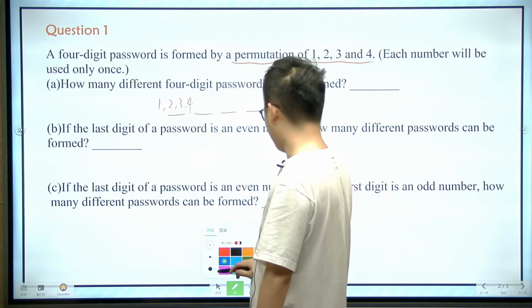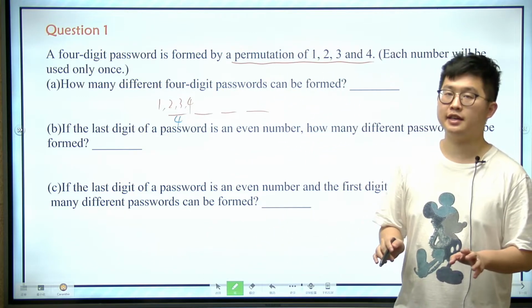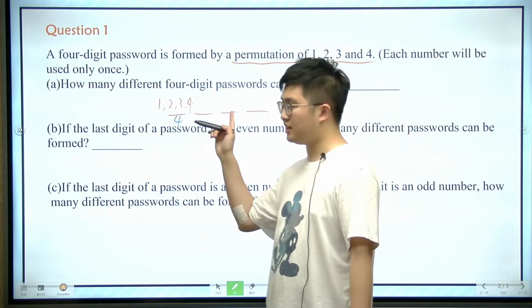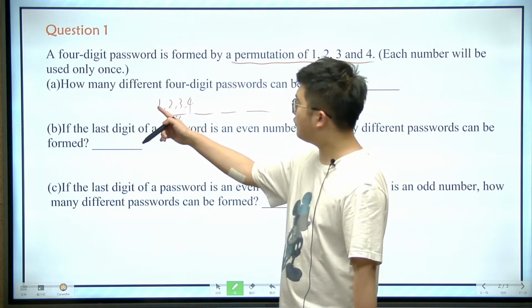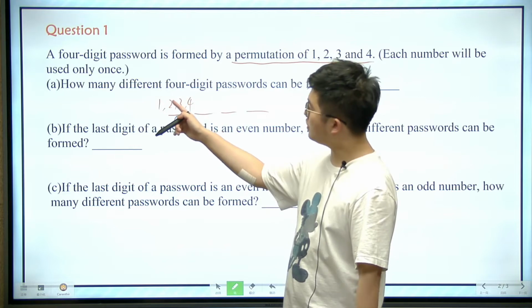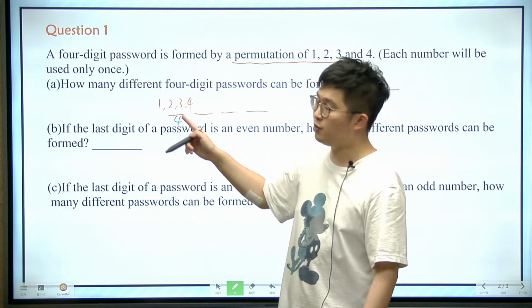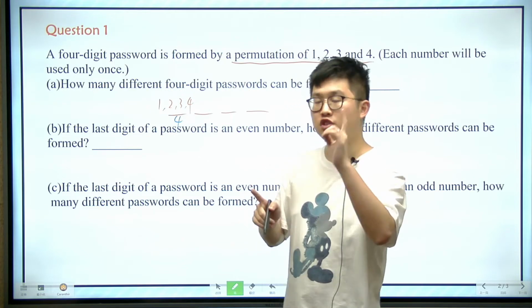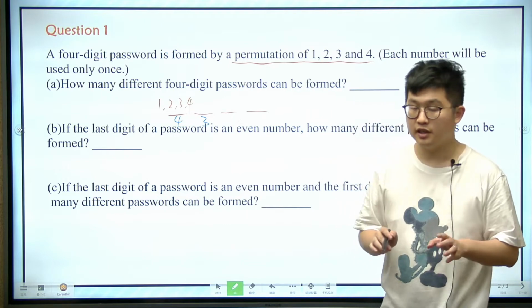And how many choices are left for the second one? Now we have 4 numbers we can write down in the first place, and we've used one of them, so only 3 remain for the second.